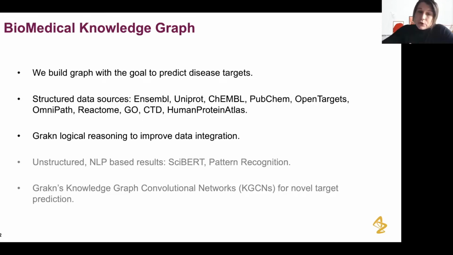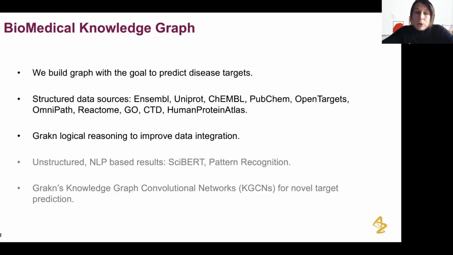The selection of the algorithm, or a combination of NLP algorithms, and then aggregation of the results is extremely important. It's work in progress, that's why it's in this gray color. We are using BERT and pattern recognition algorithms at the moment for particular diseases we are interested in.